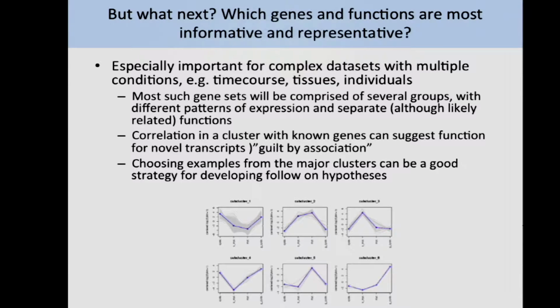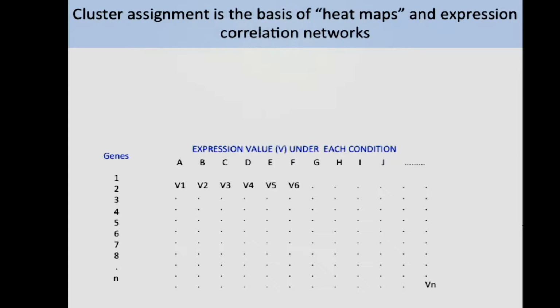And so that is one way that you can reduce your gene set of 200 down to 20 that have something in common. But again, the more data points you have, the more different kinds of data points you have, the better discrimination you have in that ability. I wouldn't do it with just a couple of data points. So if you choose examples from the major clusters, you can help to analyze the whole thing.